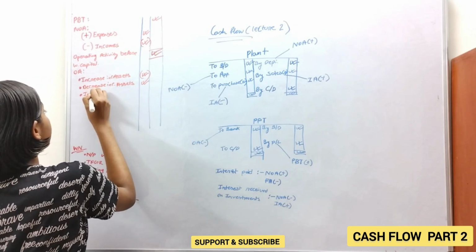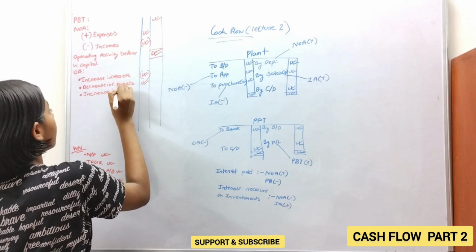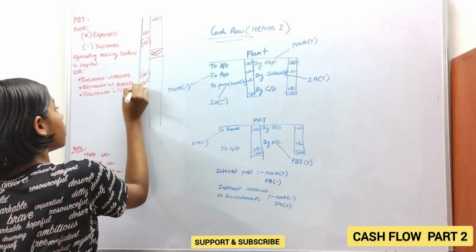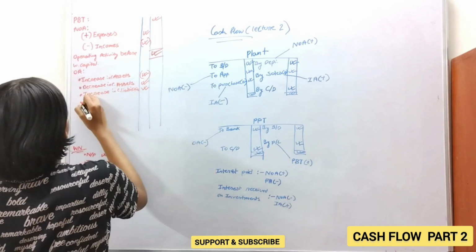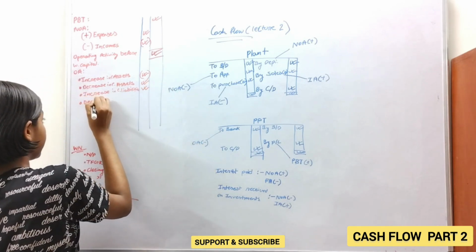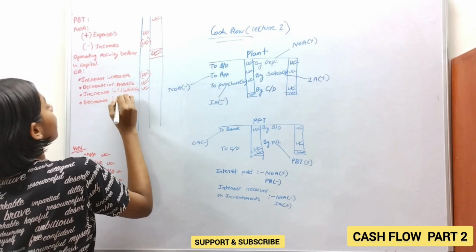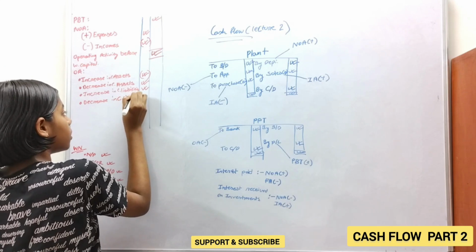And now if there's an increase in current liabilities, we'll add the amount, and if there's a decrease in current liabilities, we'll less the amount.